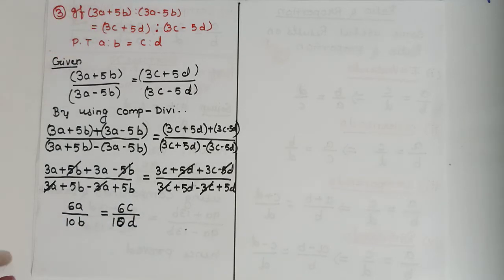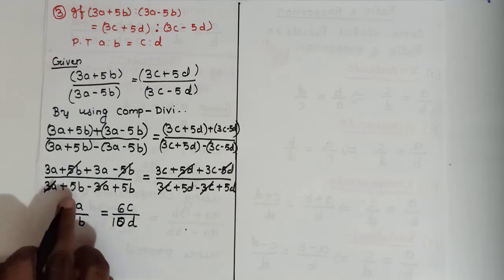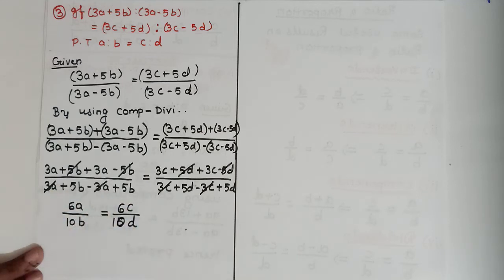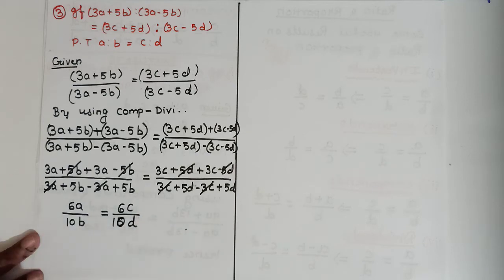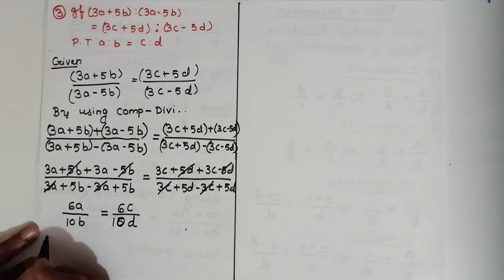Okay, now here since we have to remove 6 upon 10 from both sides, we can either multiply both the terms by 10 upon 6, or divide both the terms by 6 upon 10. It's up to you, whichever you want to do.